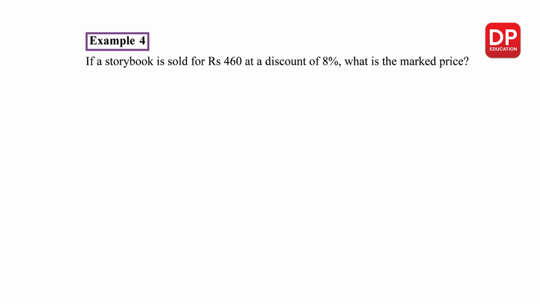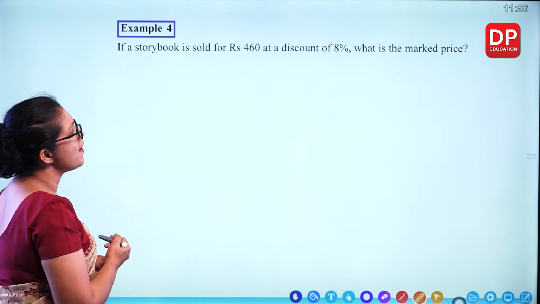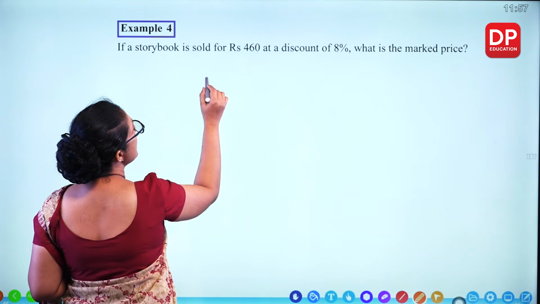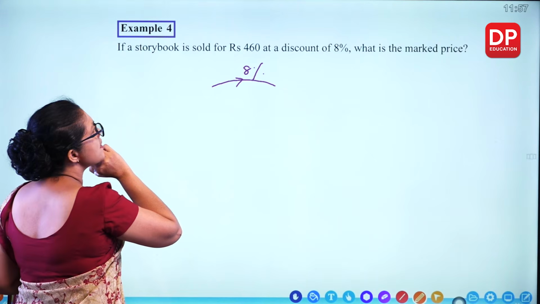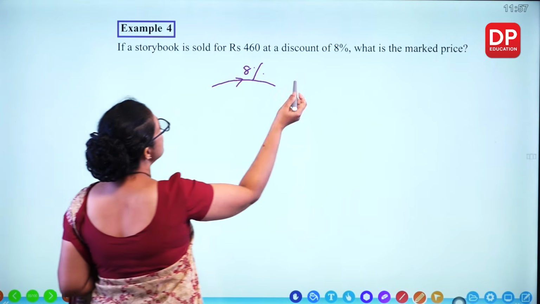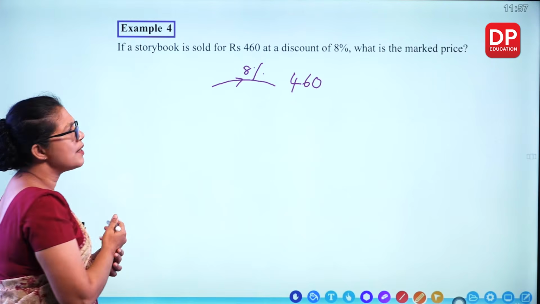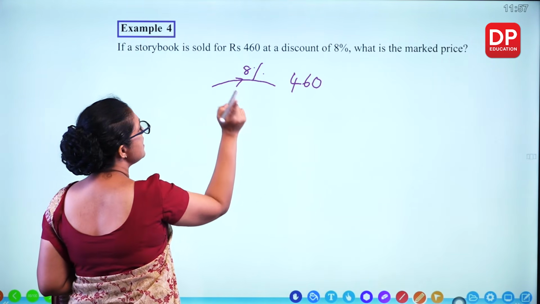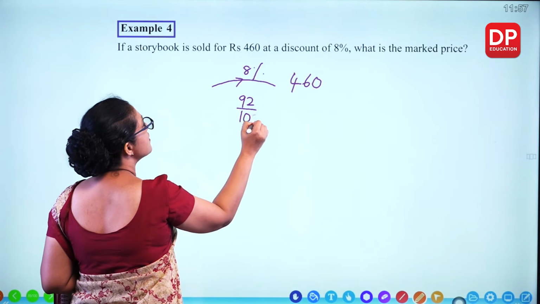Example number 4. If a storybook is sold for 460 at a discount of 8%, what is the marked price? So we don't know the marked price, but we know after getting 8% discount, the sold price is 460. So you are asked to find out the marked price. So if this is discount 8%, that means 92 over 100.